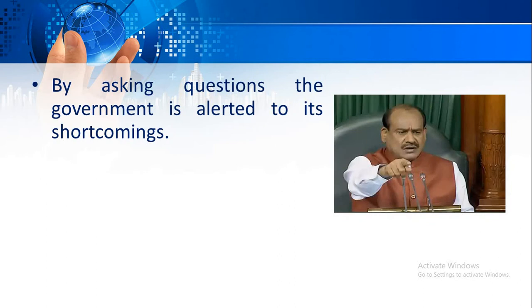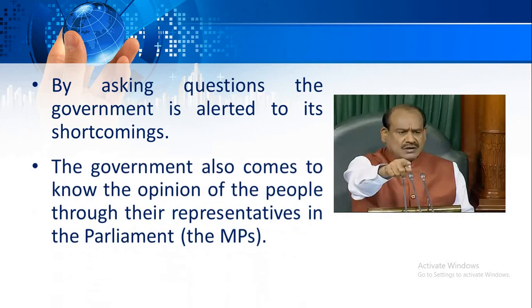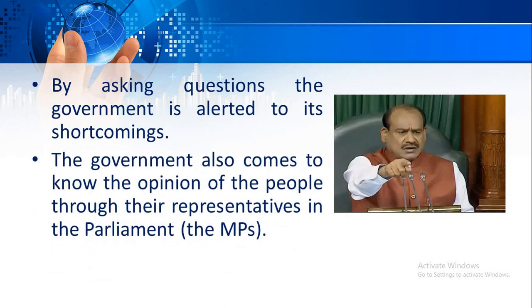This is a very important way through which the Parliament controls the executive. By asking questions, the government is alerted to its shortcomings and also comes to know the opinion of the people through their representatives in the parliament, that is, the MPs.